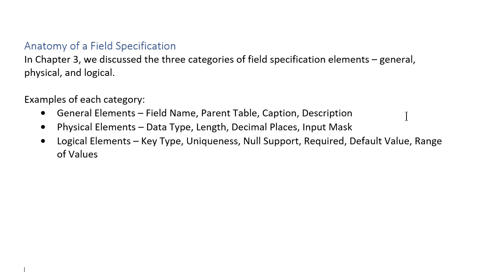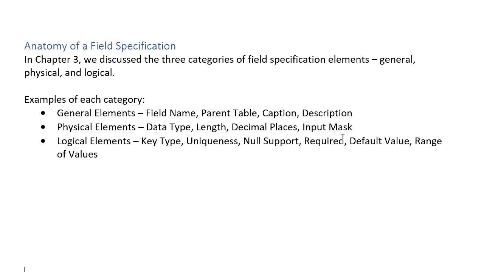The last category, the logical elements, might include things like key type, whether it's primary key or not, its uniqueness, will it have null support, that is, will you allow no information to be in that field when you're inputting a record? Is it required or not?